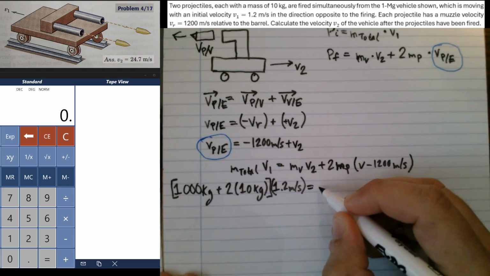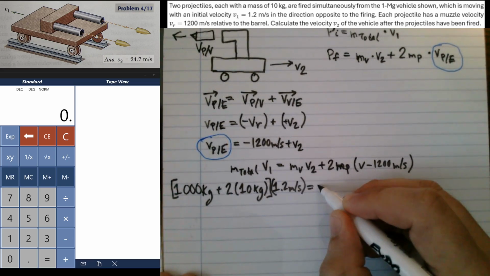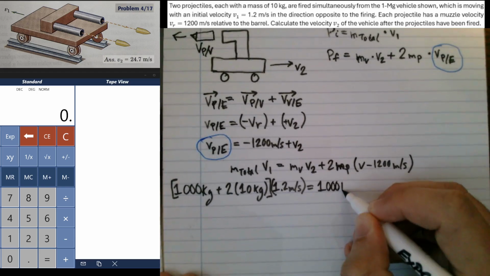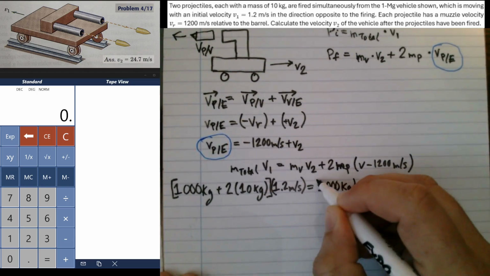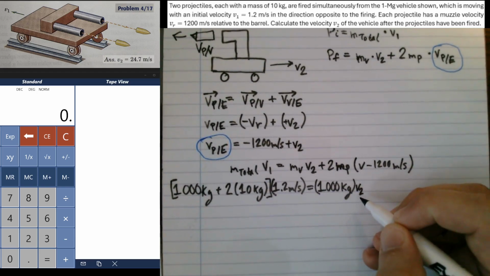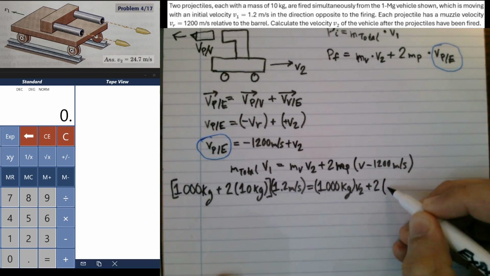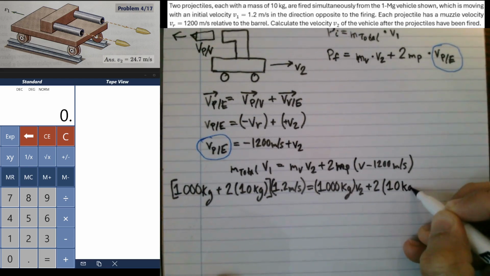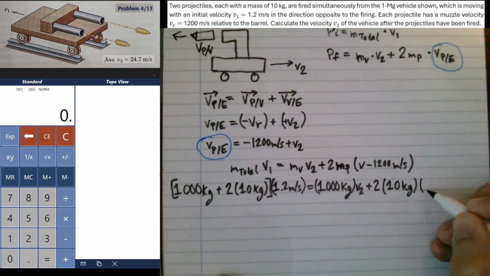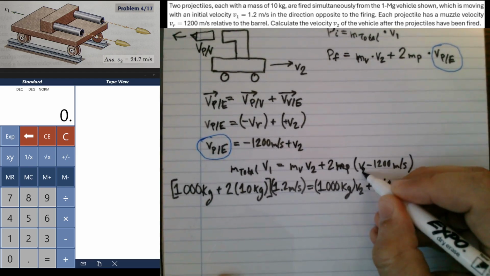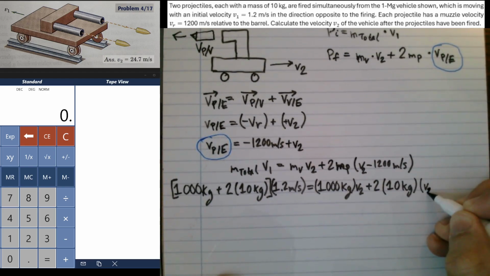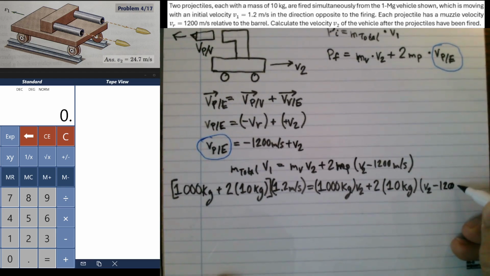This is equal to the mass of the vehicle, 1,000 kilograms, multiplied by V2, plus 2 times the mass of each projectile, 10 kilograms, times V2, the velocity of the vehicle after it's launched the projectiles, minus 1,200 meters per second, the velocity of the projectiles themselves.